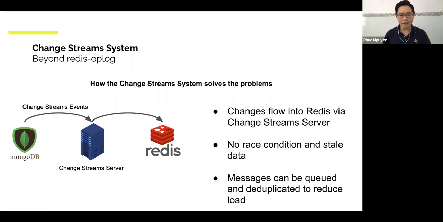And once it gets those changes, it processes them, queues them, and deduplicates them, and then sends them to Redis. So with this model, all changes from the database will flow into Redis via our change stream server with minimal overhead on the database.